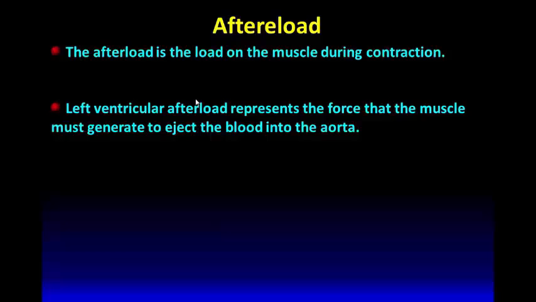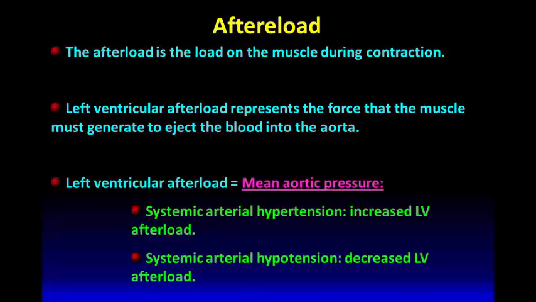We mentioned in the 2 lectures on the cardiac cycle that the left ventricle cannot eject blood unless it generates enough pressure which slightly exceeds the aortic pressure in order to open the aortic valve and begins ejecting blood into the aorta. Hence, the afterload of the left ventricle is the aortic pressure.